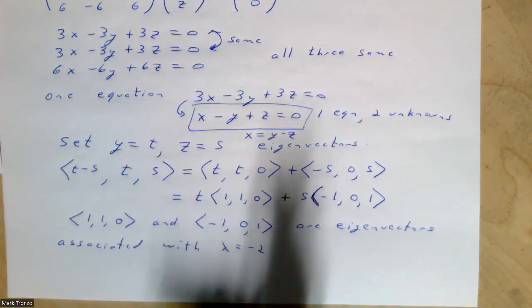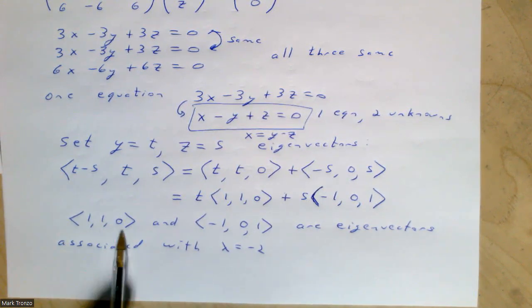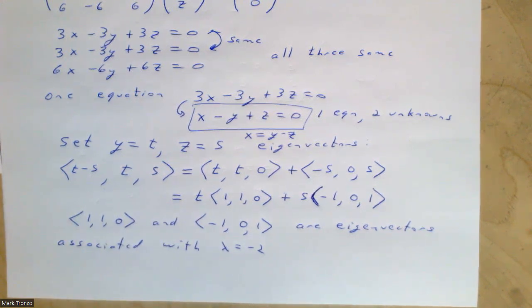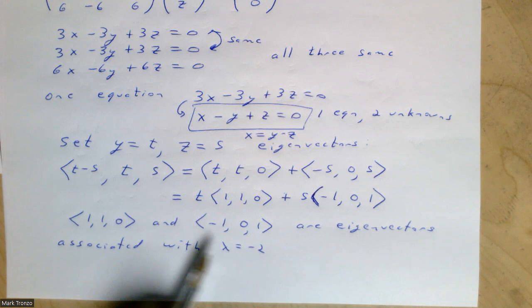Now, notice these are different because you can't multiply this by a scalar and get this. So these two are linearly independent. So we do have two distinct eigenvectors associated with that eigenvalue.